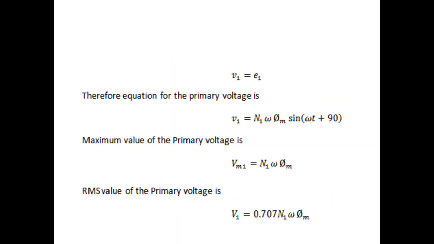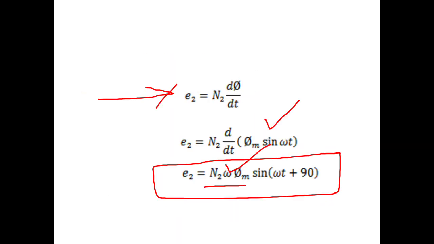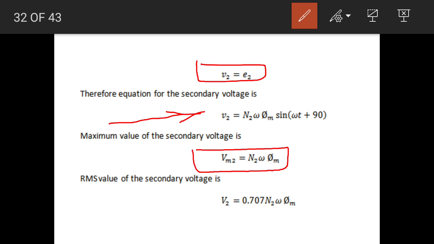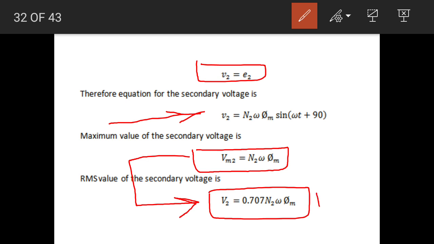So V2 is equal to N2 omega phi m sine of omega t plus 90 degree, and here is the maximum value of the secondary voltage. We multiply this maximum value by 0.707 to get the RMS value of the secondary voltage. So this is the RMS value of the secondary voltage.